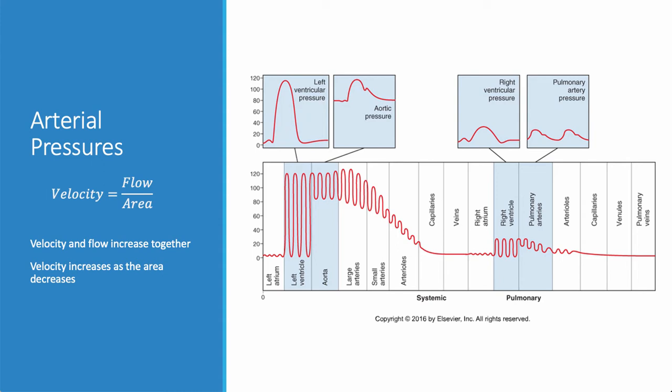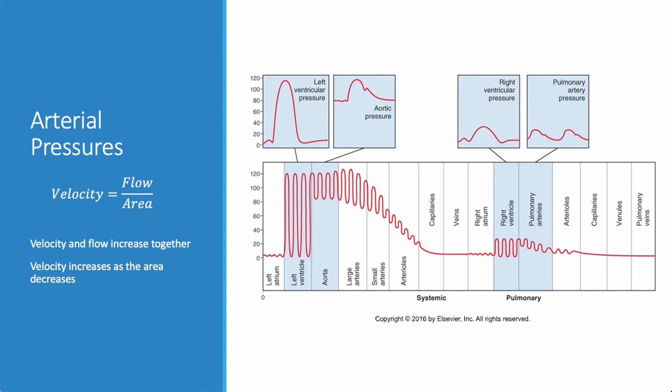the bloodstream. Now, we can get an idea about velocity of blood flow when we look at the comparison between flow and area. So velocity is directly proportionate to flow. So the higher the flow, the higher the velocity, and the higher the velocity, the higher the flow.